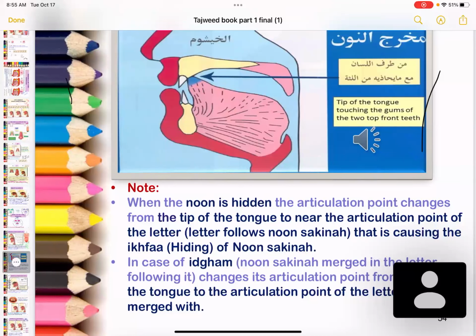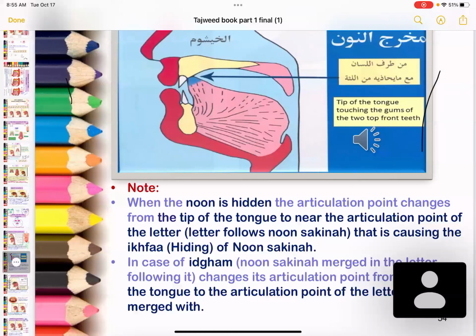And ikhfa of noon sakina or tanween is nothing but hiding the sound of noon. So when you hide the sound of noon, the articulation point changes from the tip of the tongue to the articulation point of the letter that follows the noon sakina, and that's what causes the hiding.